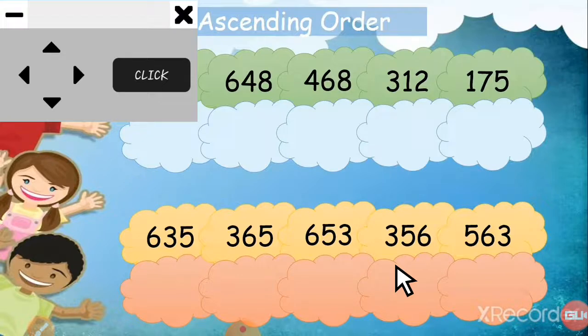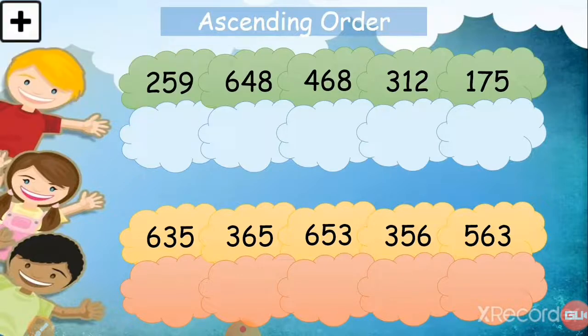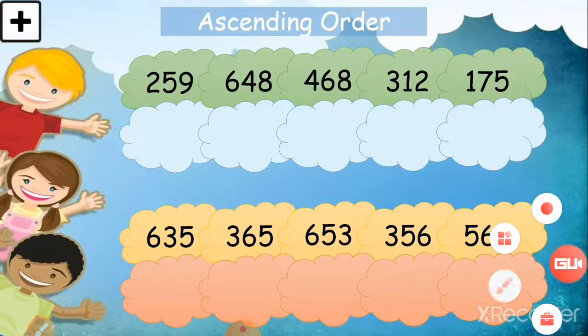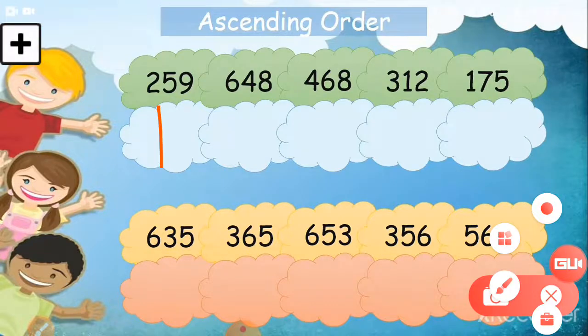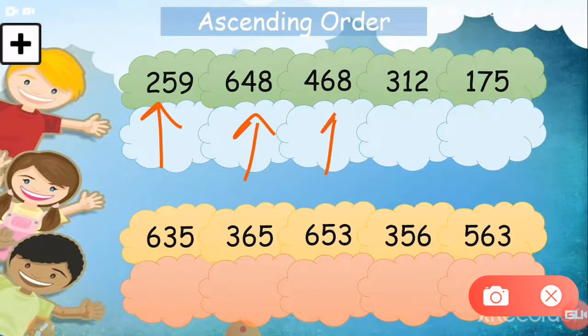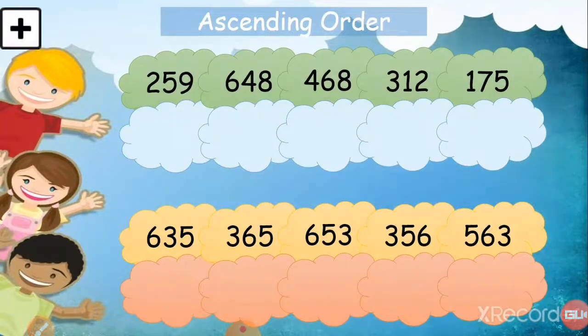You can see: 259, 648, 468, 312 and 175. These 5 numbers are there and we will arrange them in ascending order first.